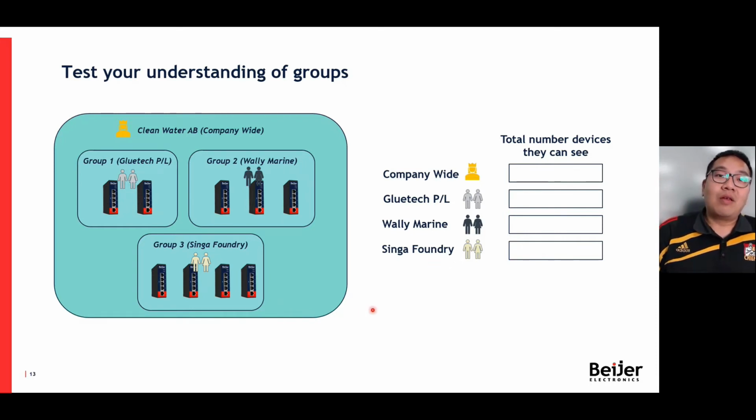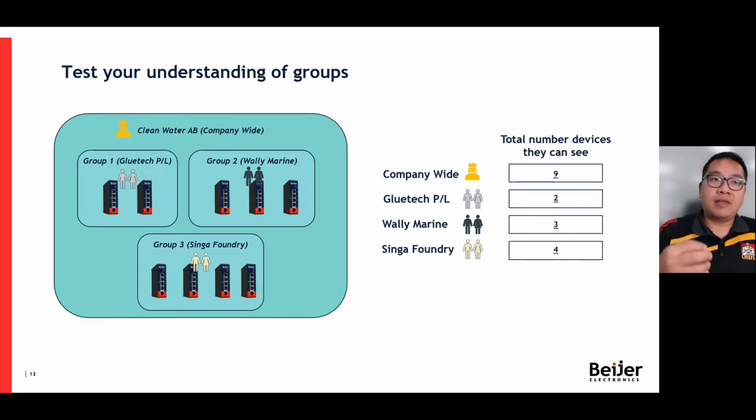So in this example, of course, for the company-wide one, we have 9 routers. You can count the total, there's 9 routers. And then GluTech Private Limited can access 2 devices. Wally Marine can access 3 devices, and Singa Group can access 4 devices.